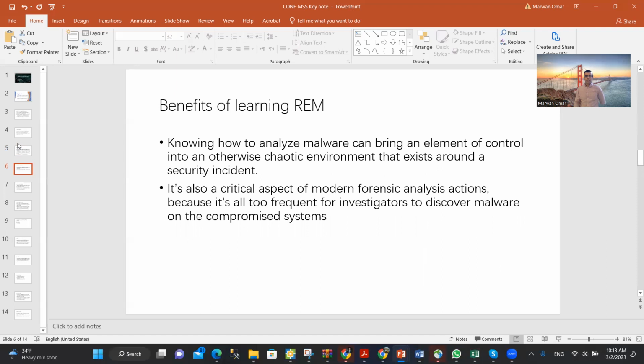Now we can talk about the benefits of learning malware analysis or reverse engineering malware. Knowing how to analyze malware can bring an element of control into an otherwise chaotic environment that exists around a security incident. When attackers strike business organizations, things can go chaotic. People get scared.